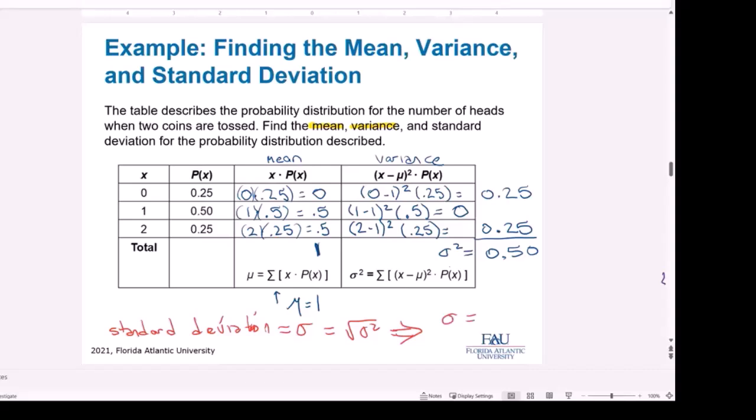Sigma is equal to the square root of 0.5. That's equal to 0.707. Now I have my standard deviation.